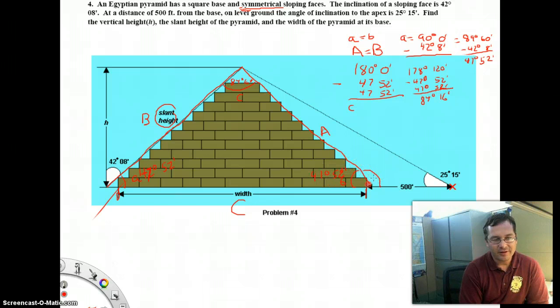Basically this angle is going to equal 180 degrees, 0 minutes, minus 47 degrees, 52 minutes. So again, the process is the same.